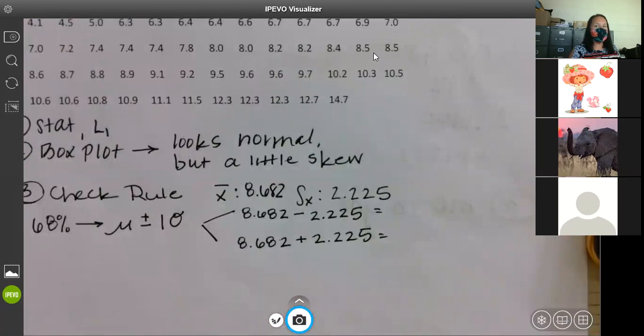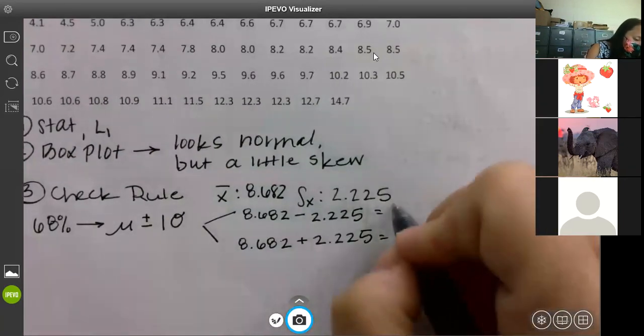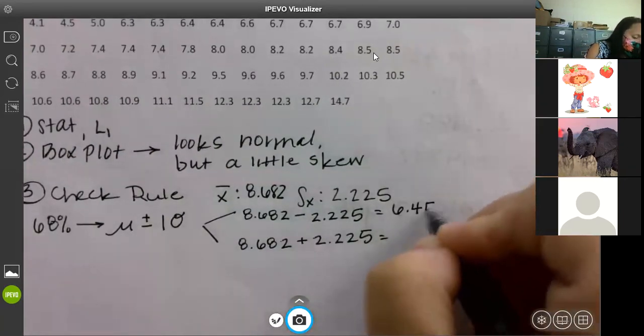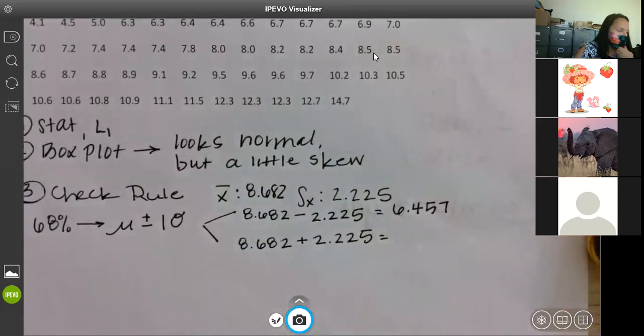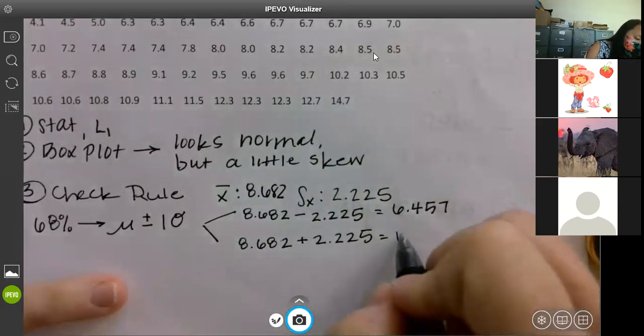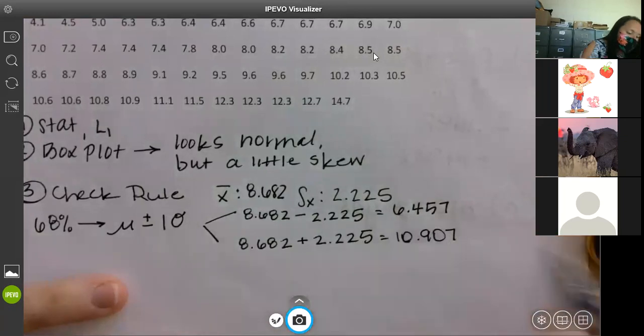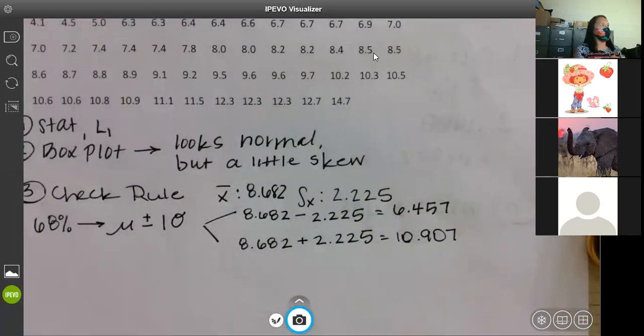We're going to get those 2 values. So we should have 6.457 and 10.907. We're going to do this for the 95 and the 99.7, and then we'll figure out how much data comes in there, okay? We'll figure it all out.